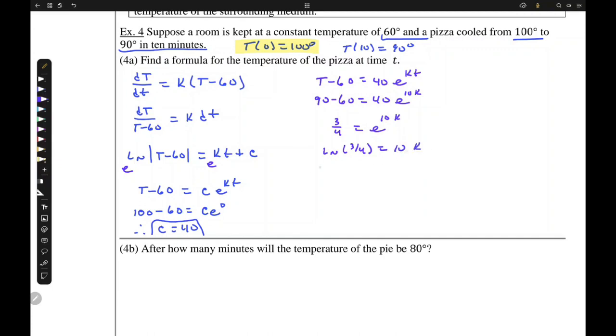Divide both sides by 10, and we get k is equal to the natural log of 3/4 over 10. You could write it as, if you wanted to, 1/10 times the natural log of 3/4. Those are the same things. And so that's what we've got.